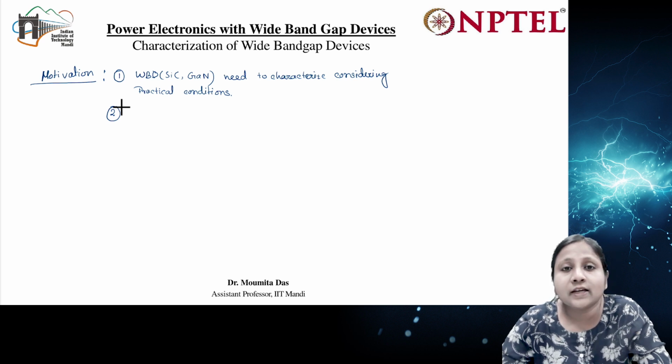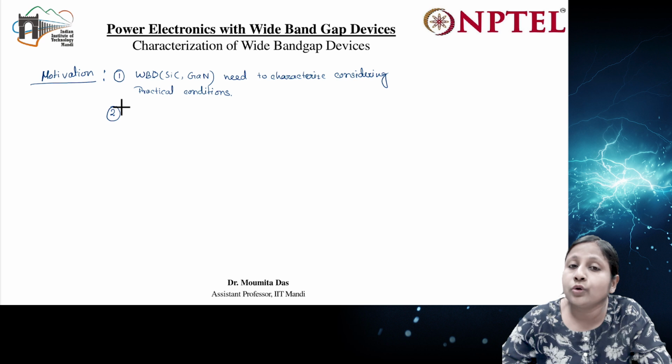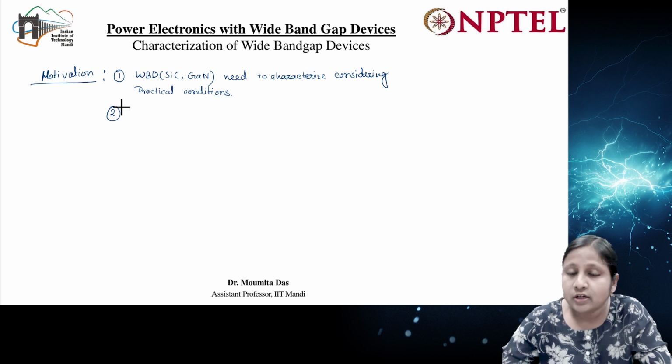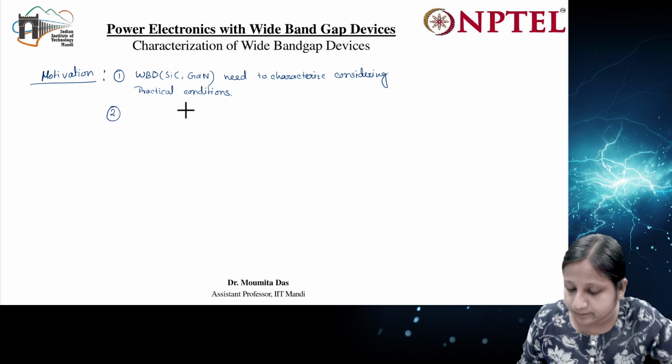The same goes for rise time and fall time. If those parameters change, that is going to affect the converter operation with respect to dynamic characteristics, static characteristics, and also the losses in the converters. That is why we need to consider different electrical conditions which will be suitable for our application.